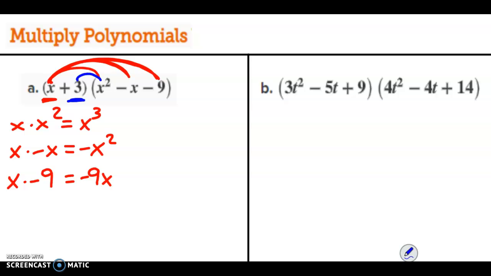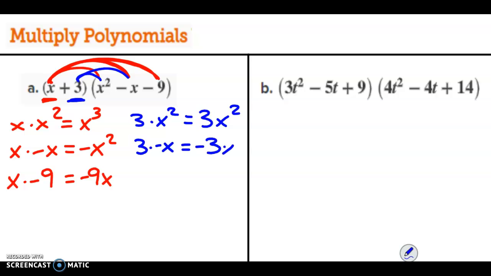So I've got 3 times x squared, which is just 3x squared. Nothing fancy about that. 3 times a negative x, I have to make sure that's a negative 3x. It's like I have a negative 1 in front of that second x. And then 3 times negative 9 is just going to be negative 27.